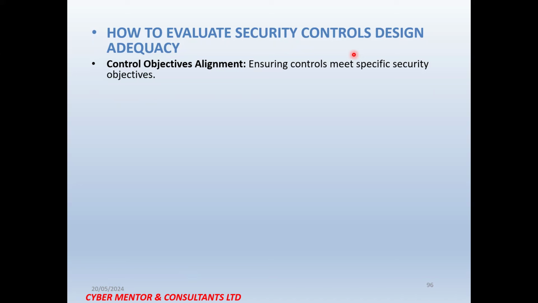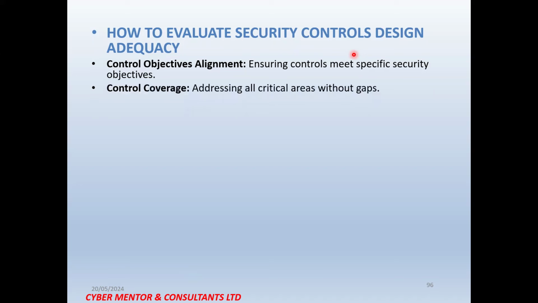You can use metrics, trends, events. For example, what were some of the things happening before, like incidents: how many before and how many now, compared over a period of time. That is how you can ascertain if the control is really meeting the objective, what it's designed to do, what it's designed to protect. Is it protecting them?